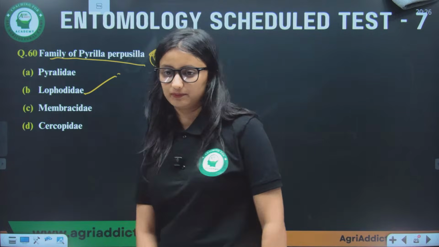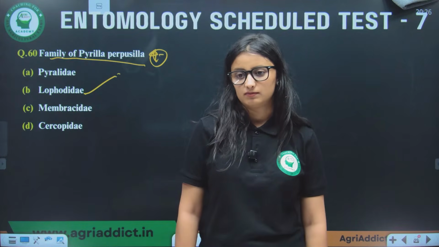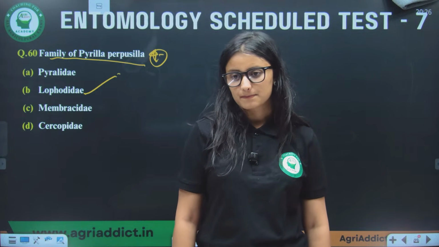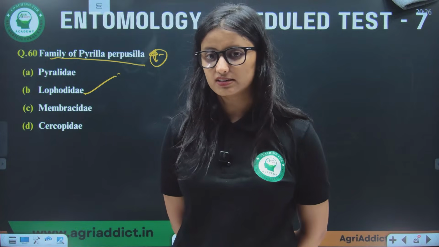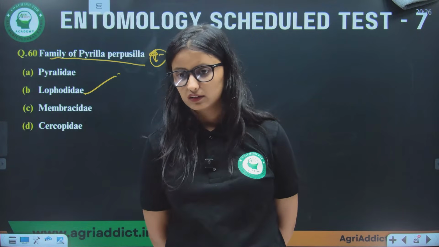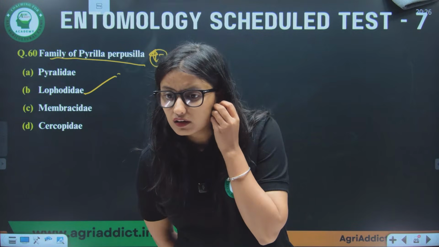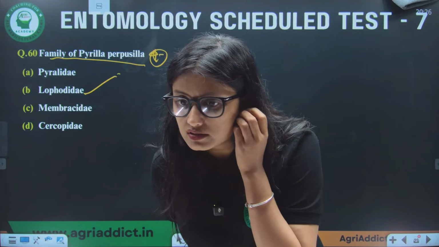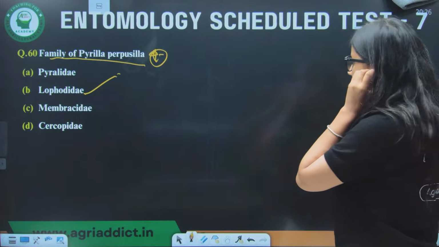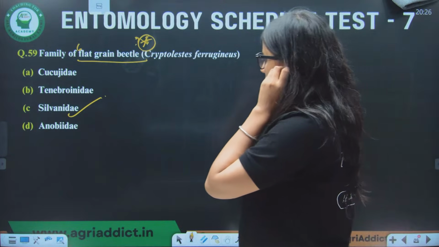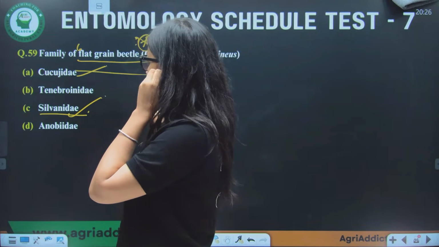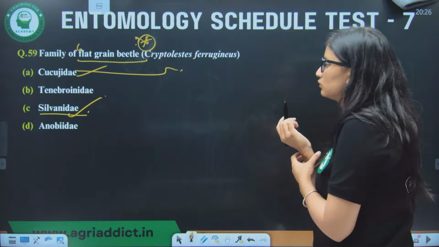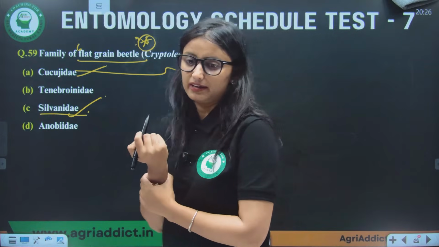Lophopidae. Yes, Lophopidae is the correct answer. No, ma'am, Lophopidae is the correct answer. In the last one? Okay. I will confirm it to you whether it is Cucujidae or Sylvanidae. Okay.